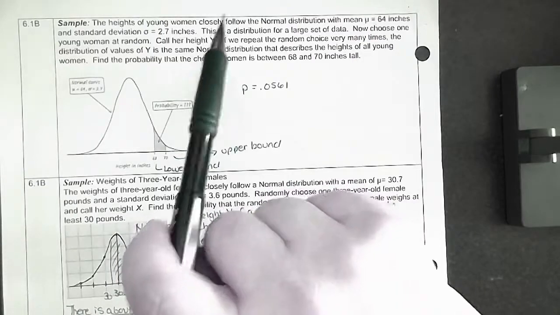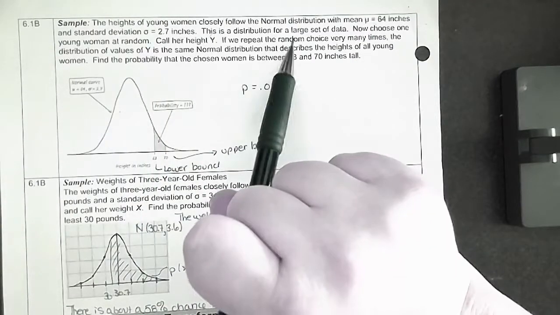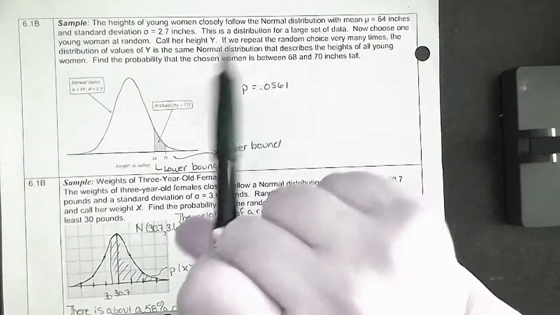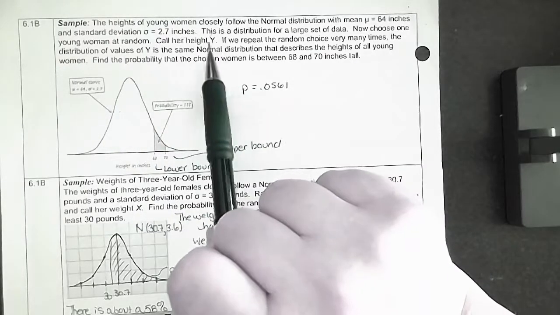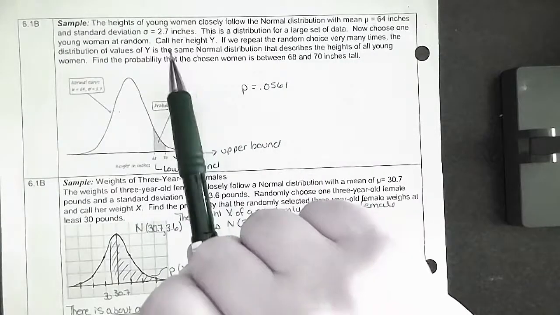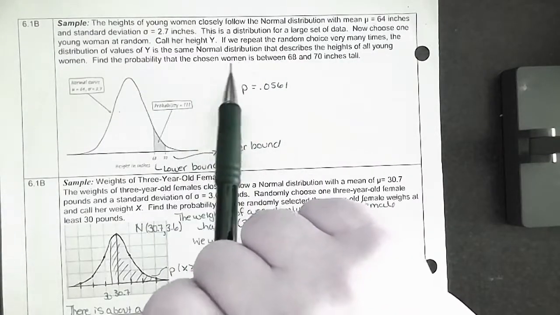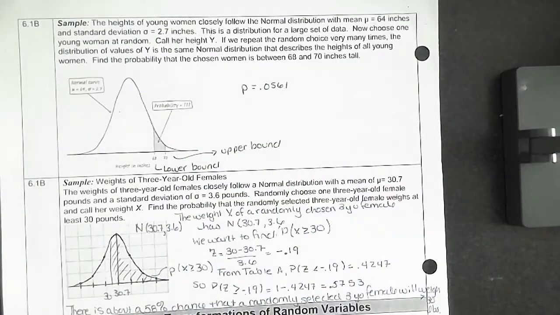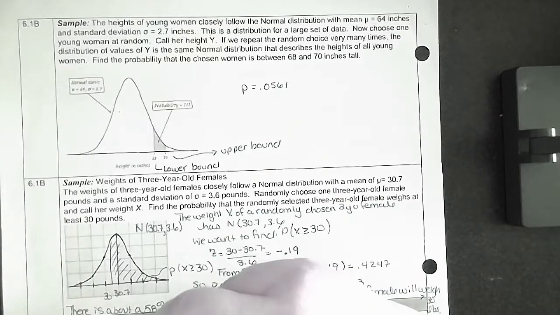This is a distribution for a large set of data. Now choose one woman at random, call her height Y. If we repeat this random choice many times, what is the probability that this woman is going to be between 68 and 70 inches tall?